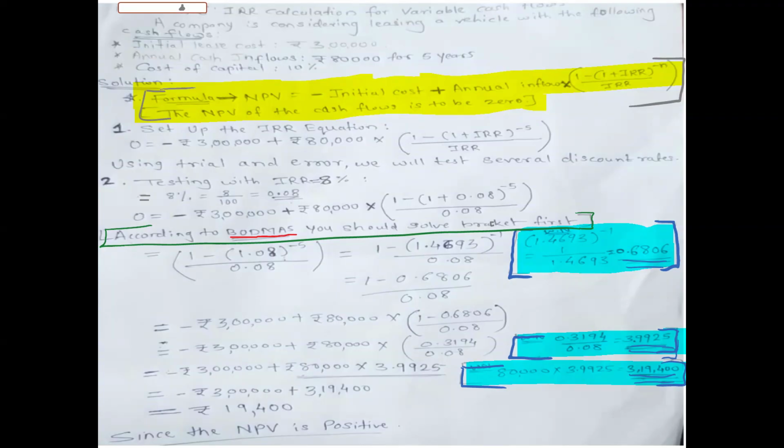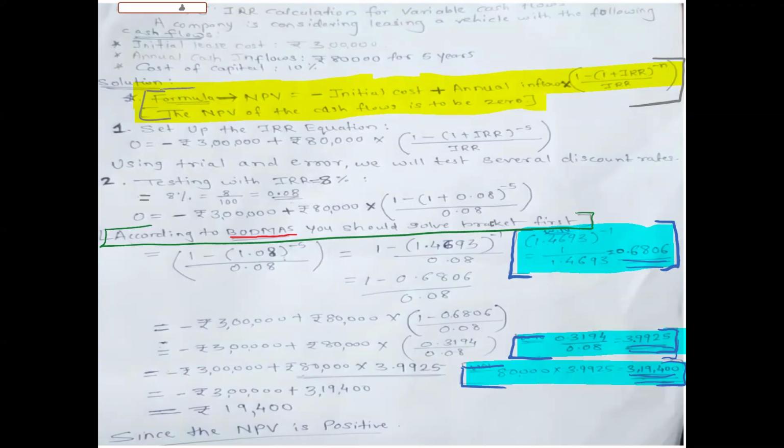So 1 divided by 1.4693 is equal to 0.6806. The answer is 0.6806. So 1 will be as it is, minus 0.6806 divided by 0.08. We have taken it as it is.